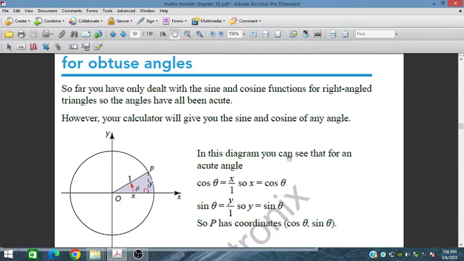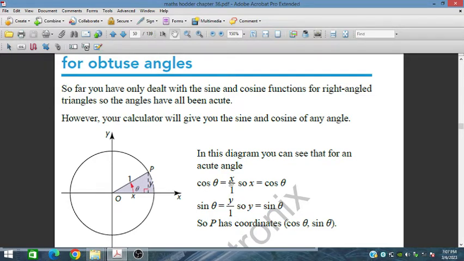In this diagram, we can see that for an acute angle, cos theta is equal to x upon 1. This is because this circle has a radius of 1, so the hypotenuse, which is the radius, is 1.